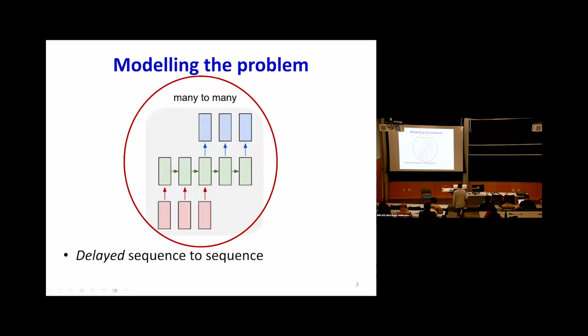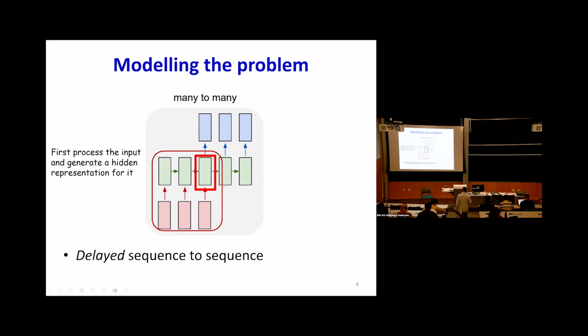So we saw that this was an instance of a delayed sequence-to-sequence model, where you have to analyze the entire input, and then based on what you have seen in the input, you generate the output. This had two components.